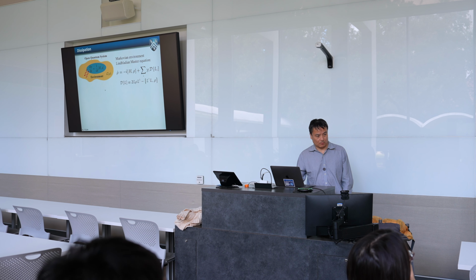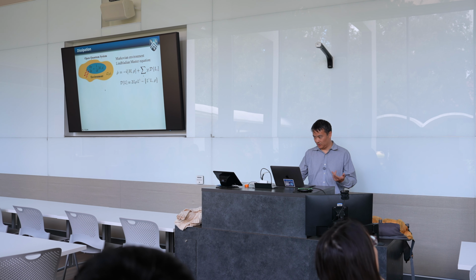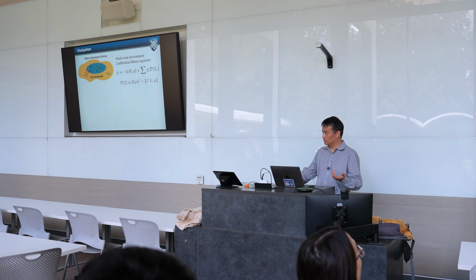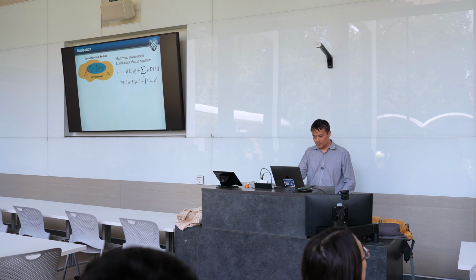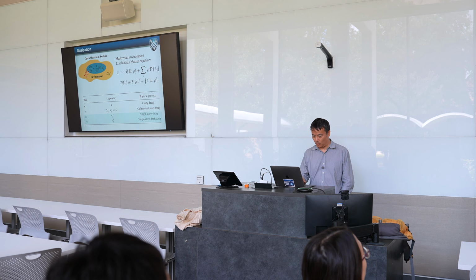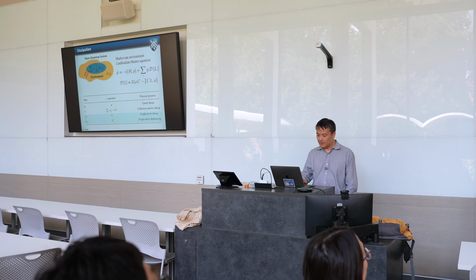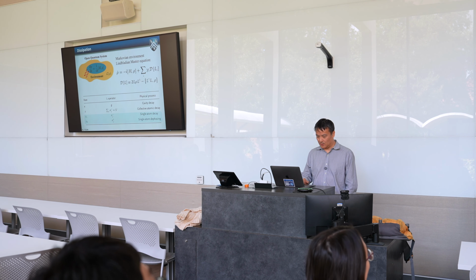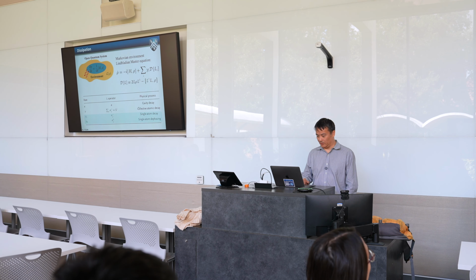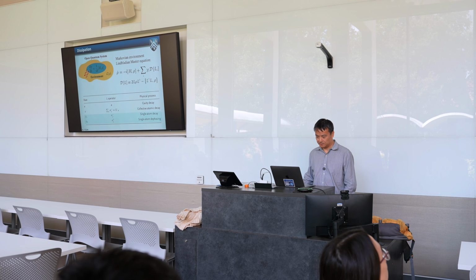So depending on what kind of bath you have, what kind of dissipation channel you have, you have different jump operators. For instance, if you have cavity decay, then the jump operator is the photon annihilation operator. If you have a collective atomic decay, then the jump operator is S minus. Well, in my notation, it's J minus.